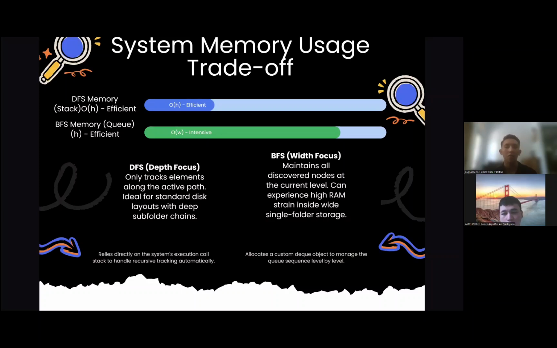As we can observe on the chart on the screen, DFS memory usage is much more efficient, denoted by O(h), where the allocated memory only depends on the height, or the path level, of the path currently being actively explored.